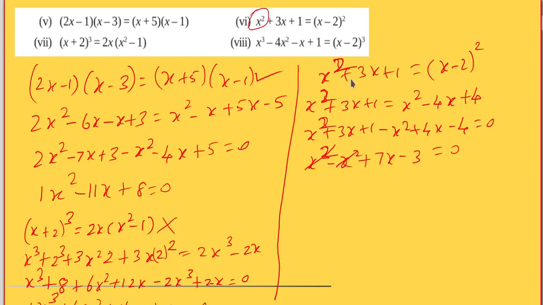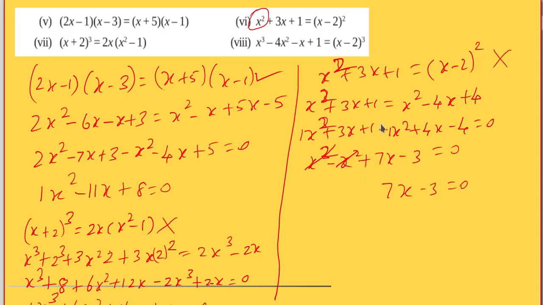This is 1x square, here also 1x square, so x square minus x square becomes 0. We are getting 7x minus 3 only. So it is a linear polynomial, not a quadratic polynomial. So this equation is a linear equation. It is not a quadratic equation.